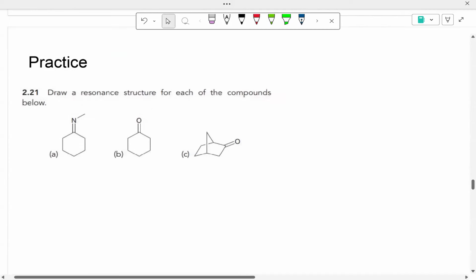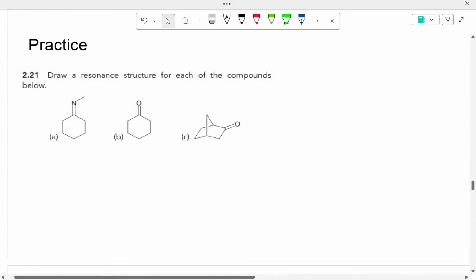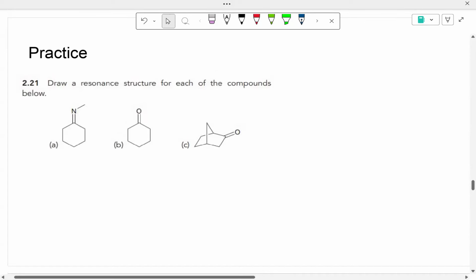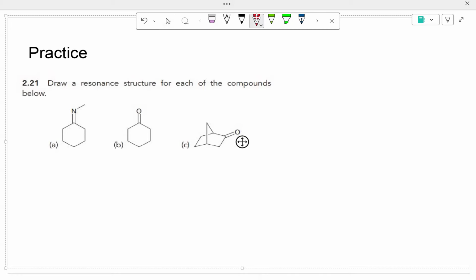All right, let's do a few practice problems on this, and then we will stop for this part. So in A, first thing I'm going to do, draw on a lone pair. Again, nitrogen with a total of 6 bonding electrons is always going to have 1 lone pair. Now it's like, well, there's no carbocations, there's nothing allylic, there's nothing I can move.